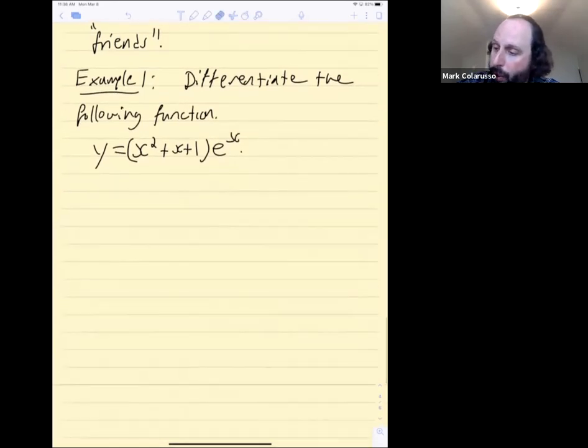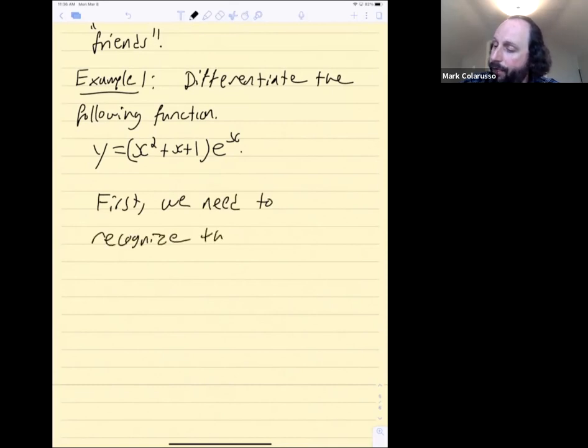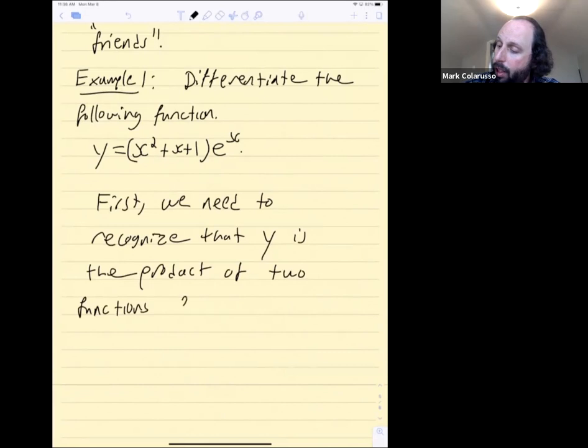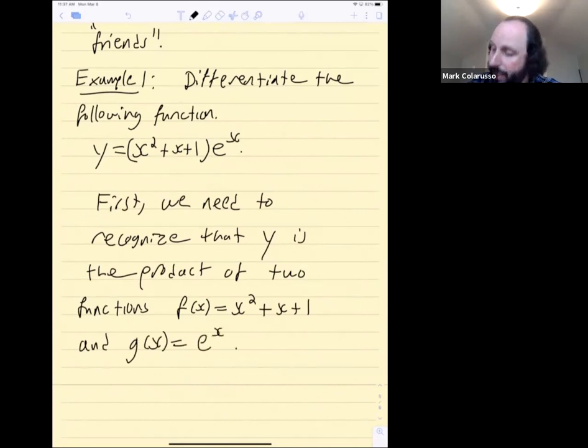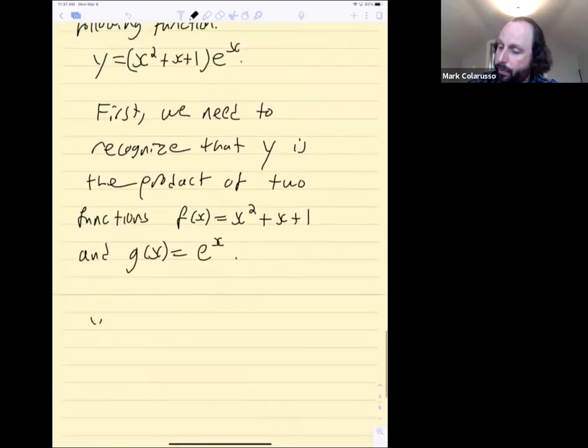So first, we need to recognize that y is the product of two functions, f of x equals x squared plus x plus 1, and our newfound friend, our new favorite function, g of x equals e to the x, right? So y is the product of these two guys.